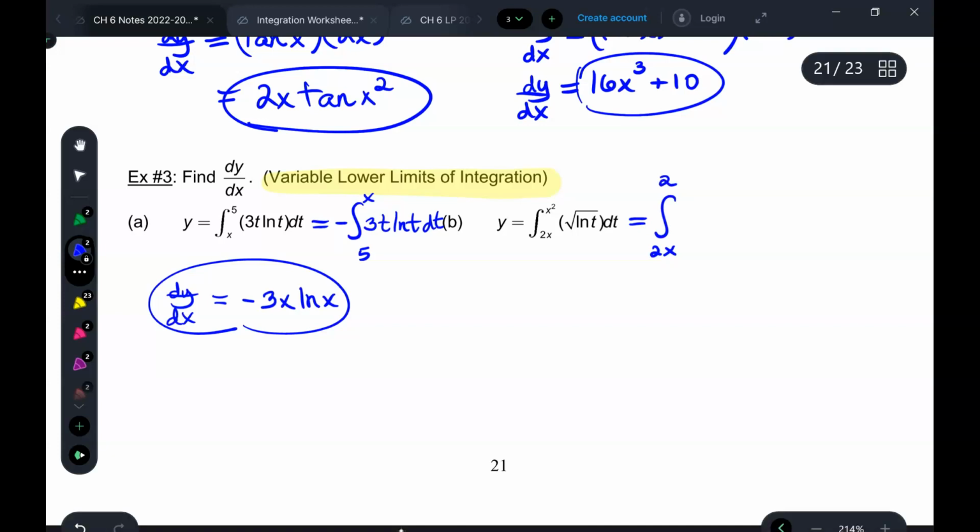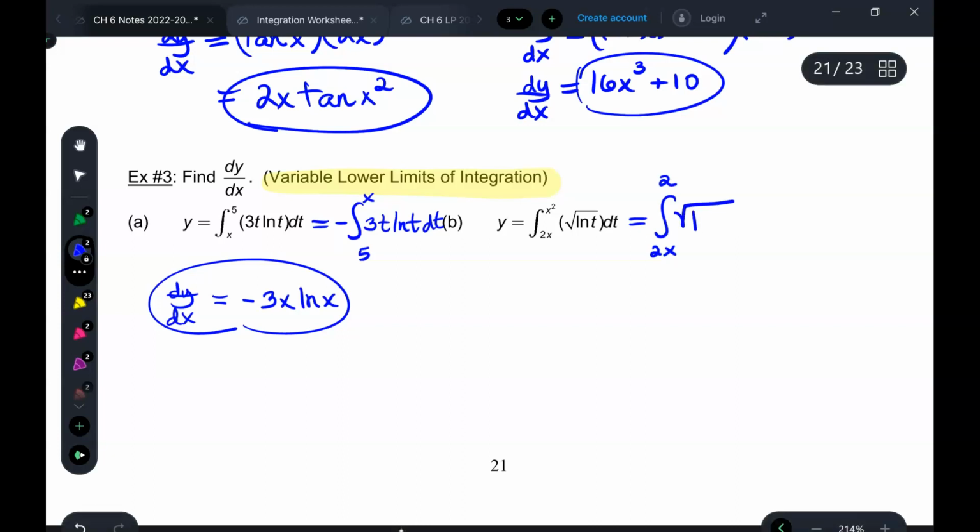2. It really doesn't matter, you could pick anything. I probably wouldn't pick 0, though, just based on my function. I wouldn't want to evaluate natural log of 0. So just pick any constant. You can even just put the letter A or letter C to represent it.